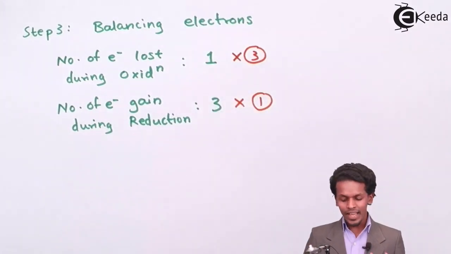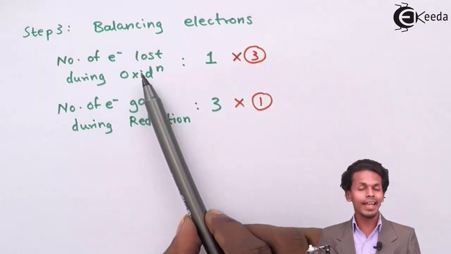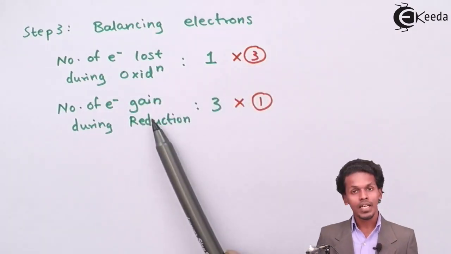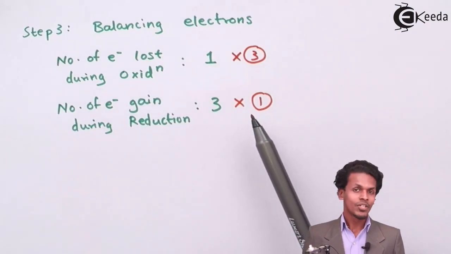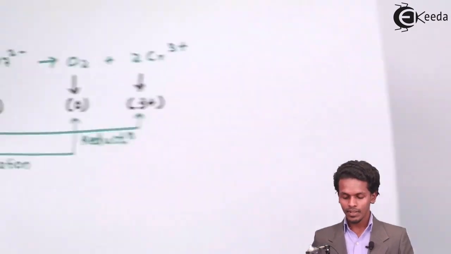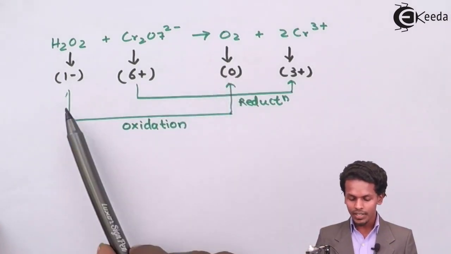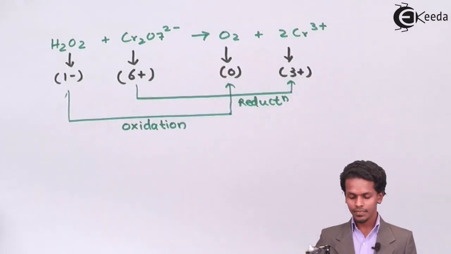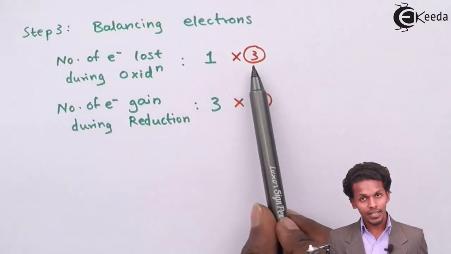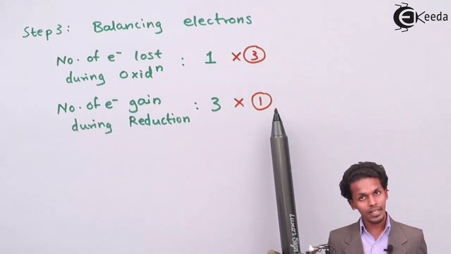This implies that wherever the oxidation process occurs, we have to multiply that process by 3, and the molecule which is showing reduction, we have to multiply by 1. So the recent equation that we have balanced was this one. For oxidation, as we have written, we will multiply it by 3, and for reduction we will multiply it by 1.